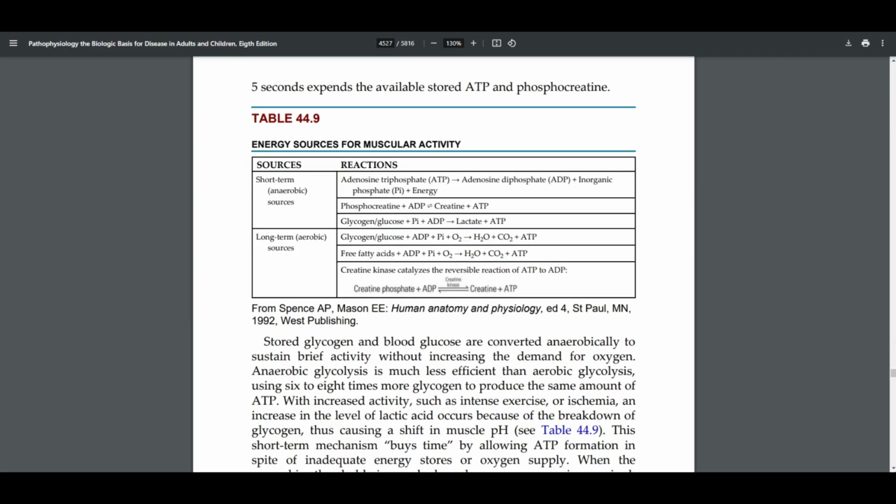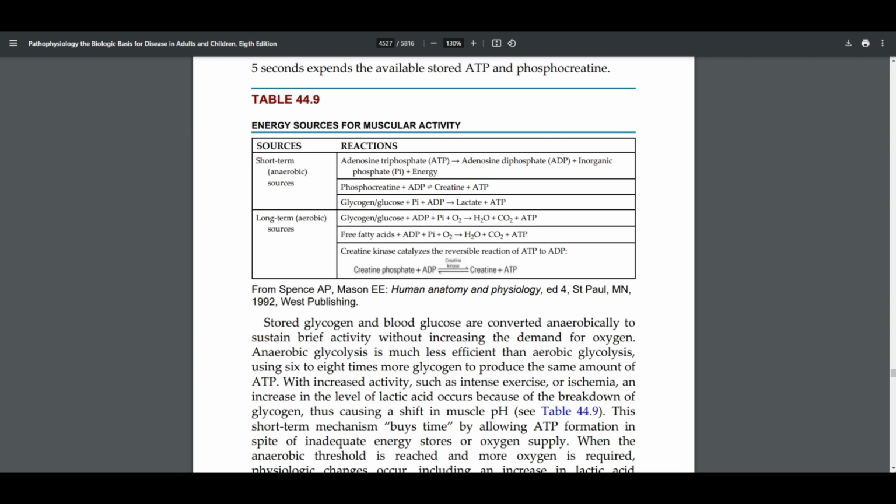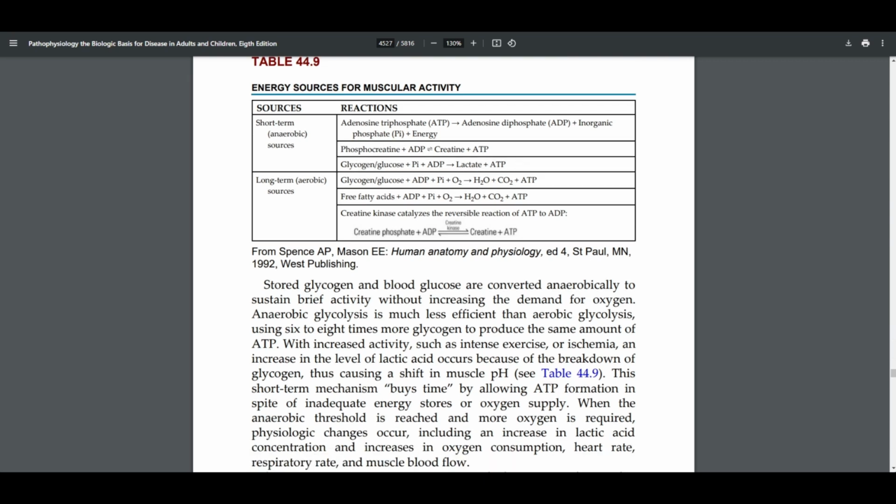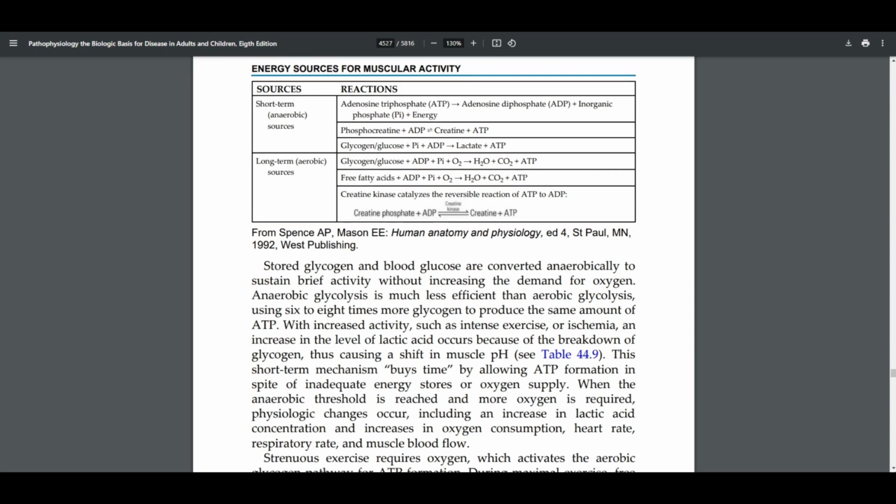Stored glycogen and blood glucose are converted anaerobically to sustain brief activity without increasing the demand for oxygen. Anaerobic glycolysis is much less efficient than aerobic glycolysis, using 6 to 8 times more glycogen to produce the same amount of ATP.